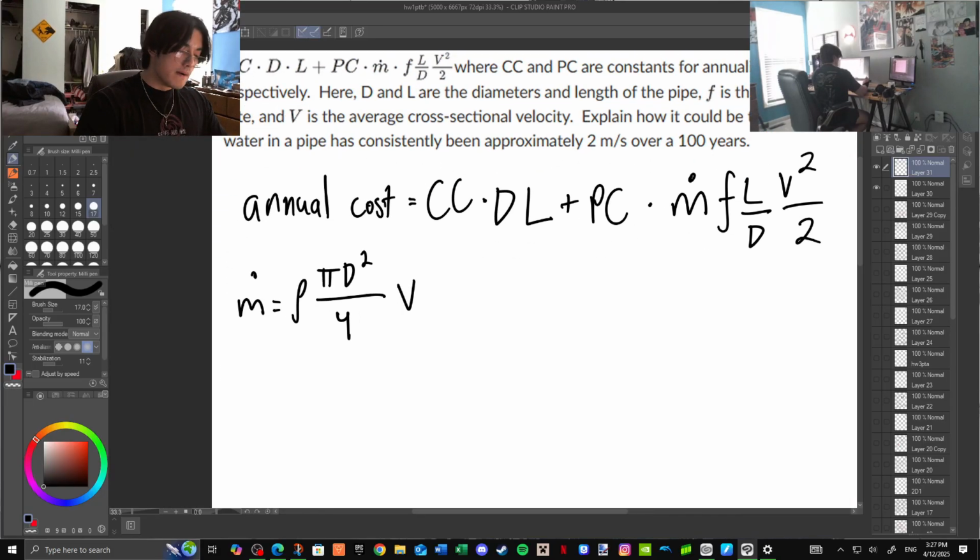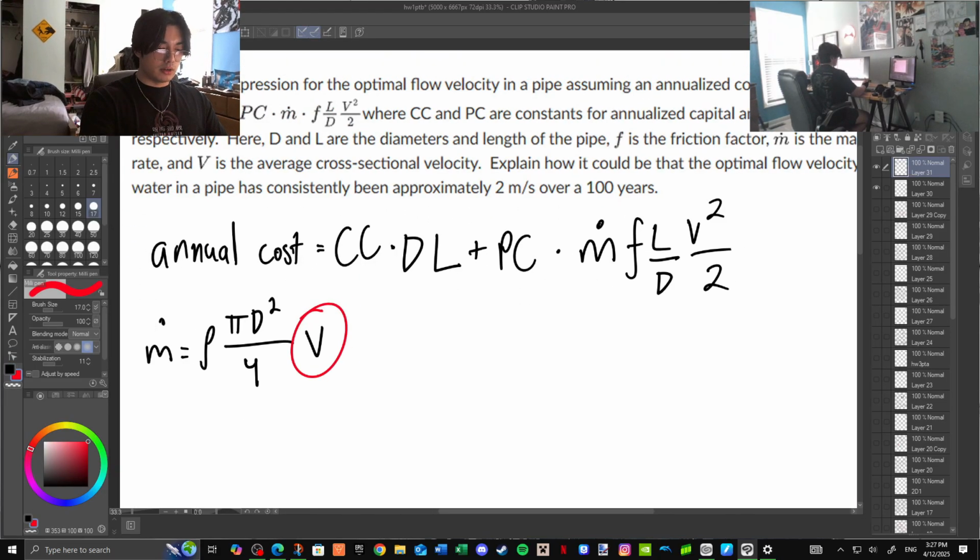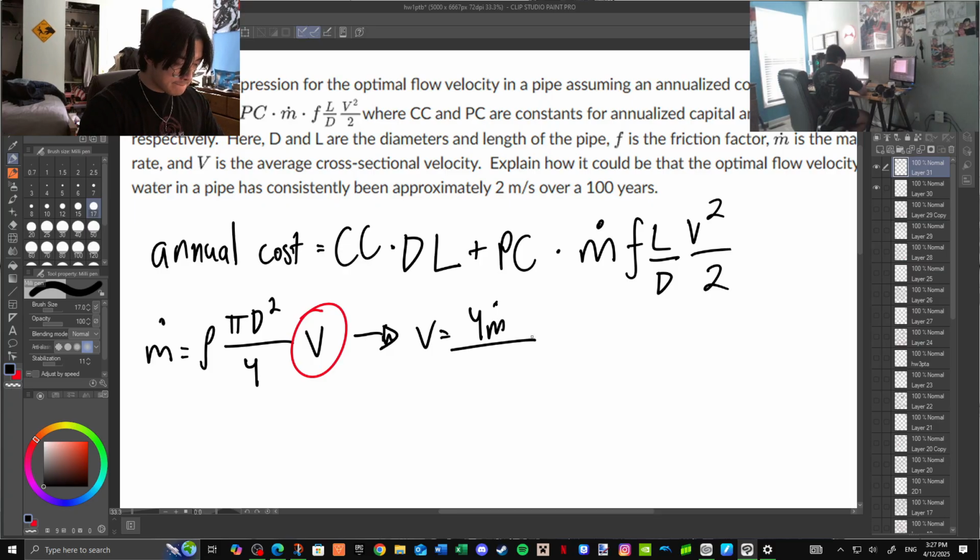And so here we have the velocity, right? And we're trying to find the optimal velocity. So we need to then isolate this variable. V will be equal to 4 times the mass flow rate over rho pi d squared.